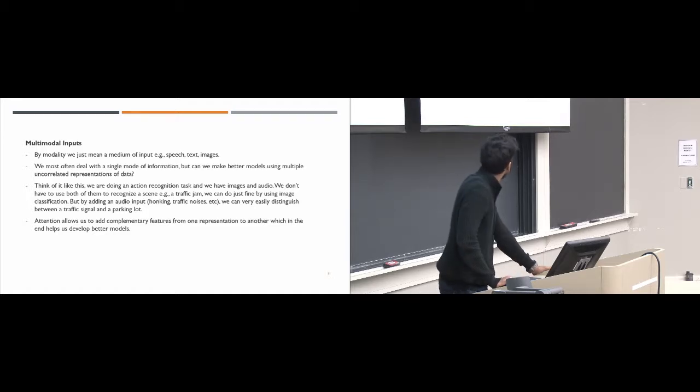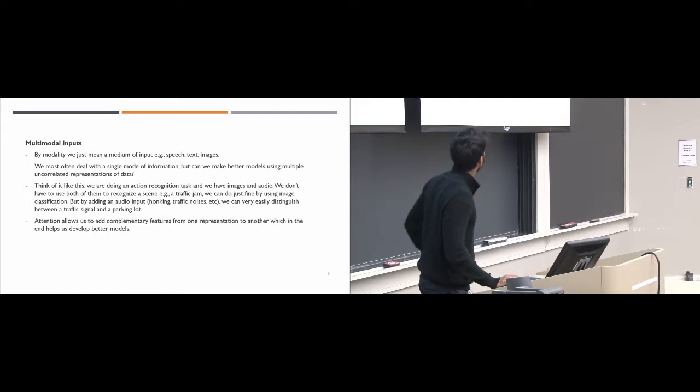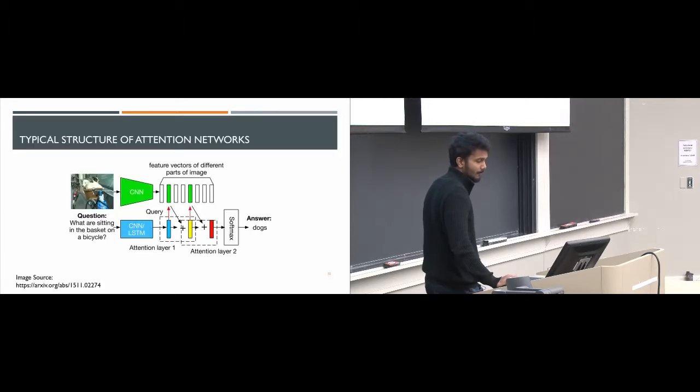So attention can work in many different ways. It can help you fuse complementary features. Like in this example, if you're trying to differentiate between a parking lot and some active traffic scene, you can just use speech, audio, and video to do that, instead of just relying on one modality.